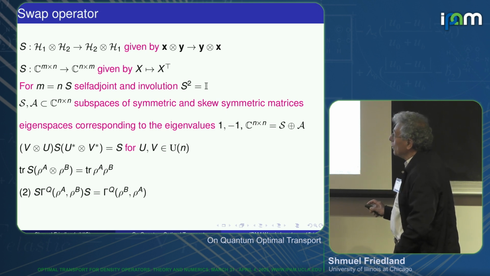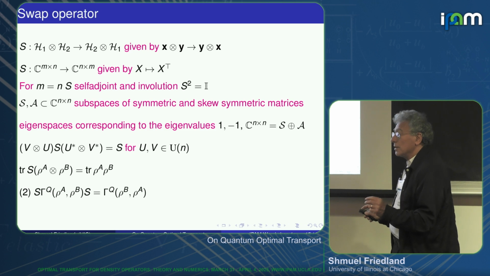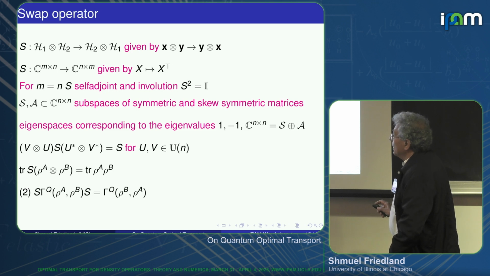So if you do it on matrices, this transformation takes a matrix to its transpose. Now we are interested in the case where M and N are the same Hilbert space. Then X transposed, when you take the transpose again, is X, so this is an involution and also a self-adjoint operator.